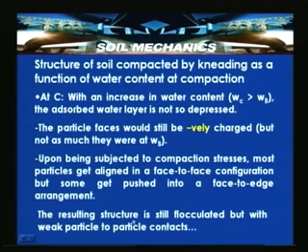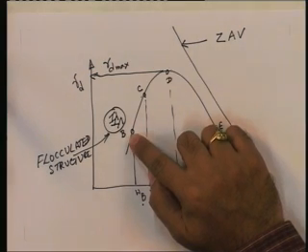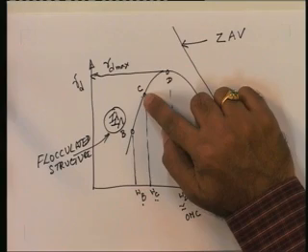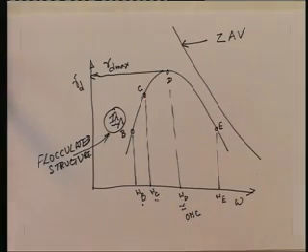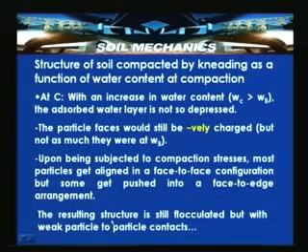The resulting structure is still flocculated, but with weak particle to particle contacts. So, the soil compacted at water content Wb has a more open arrangement and more strength than the soil compacted at water content Wc. This is one thing which is important to note.